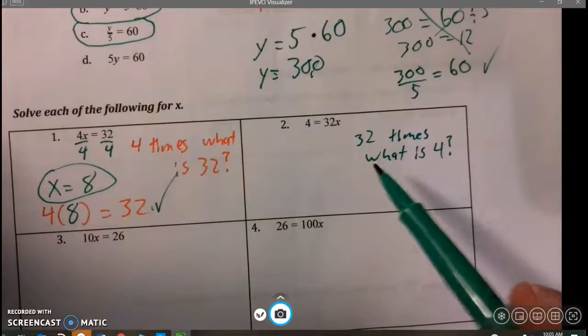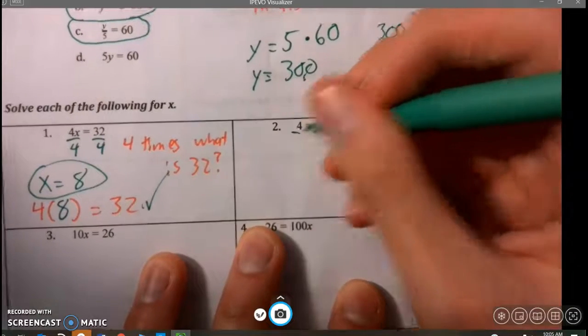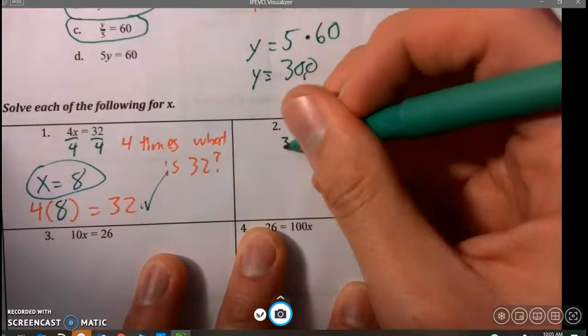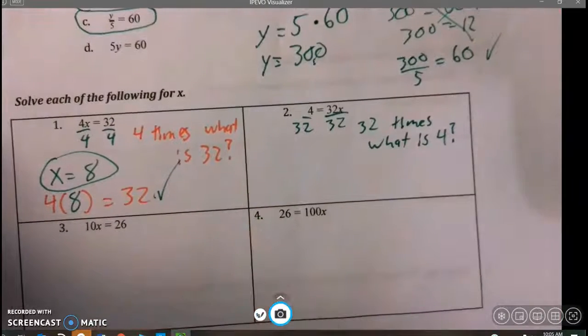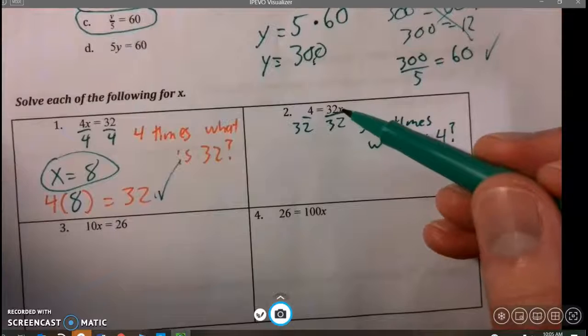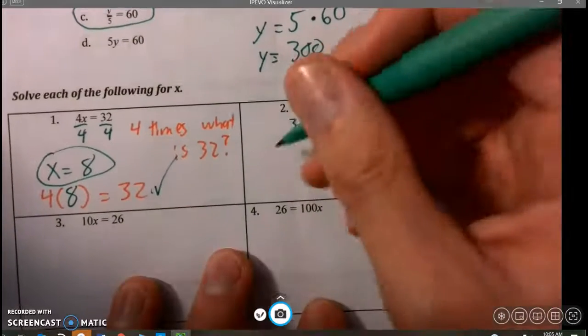So once again, if you're multiplying but you're missing a factor, then you need to do division to solve. But I'm not going to divide by 4. I'm going to divide by 32 because you always, always, always divide by the coefficient or the number that's attached to the variable. It's always the number you divide by.